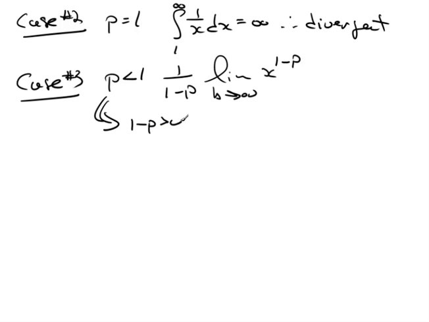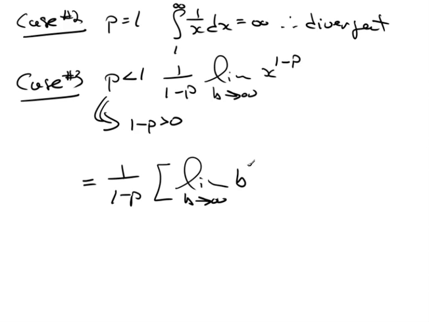It's always going to be greater than 0. That means I have a positive exponent here. So I can evaluate this as 1 over 1 minus p times the limit as b goes to infinity of b raised to the 1 minus p, and keep in mind this exponent will always be positive, minus 1 raised to the 1 minus p.